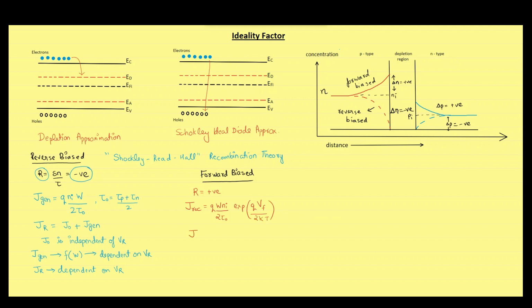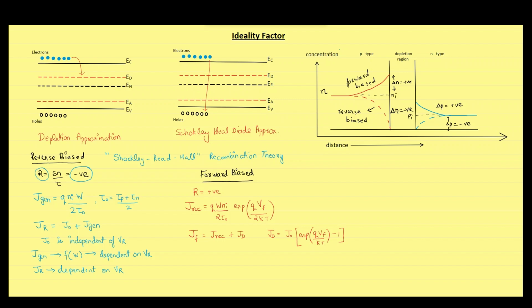The net current density through the junction is equal to recombination current density plus the diffusion current density. And we know that diffusion current density can be written as ideal reverse saturation current density multiplied by exponential of Q into forward bias voltage divided by kT, minus 1.